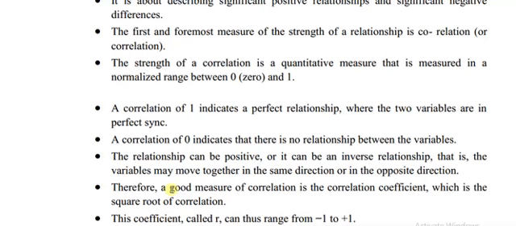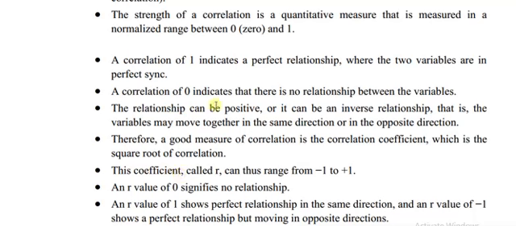So the coefficient value, which is called R, ranges between -1 to +1, whereas the correlation value is between 0 and 1. The coefficient of correlation value is between -1 to +1.